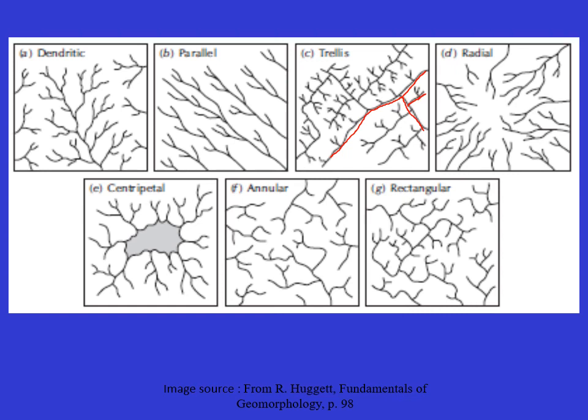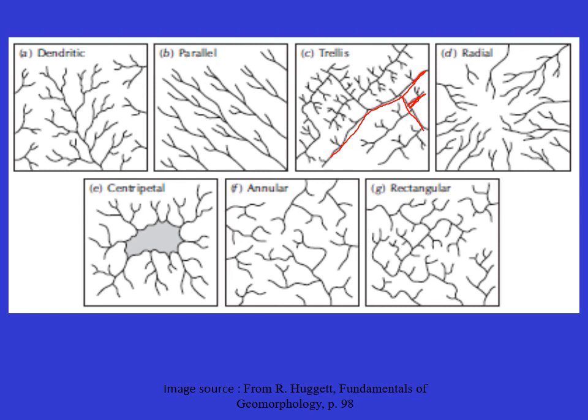You can see this one is the secondary tributary that is joining the primary tributaries at right angles, but the secondary tributary is almost parallel to the mainstream. This kind of drainage pattern is found in an area where there are alternating bands of hard and soft rock strata, or it is often found in folded terrains.